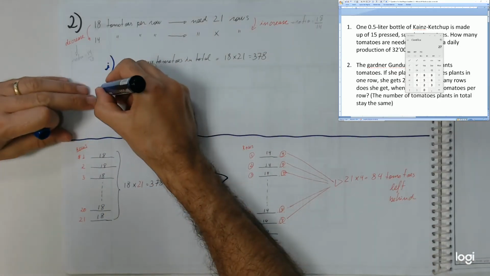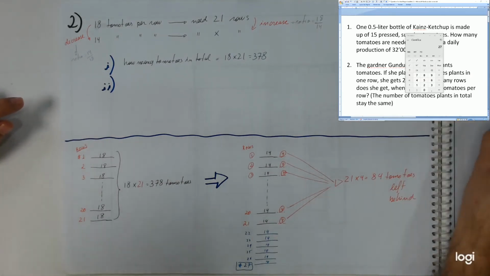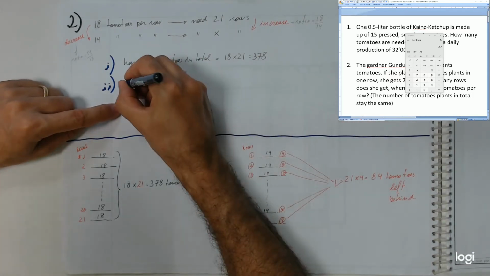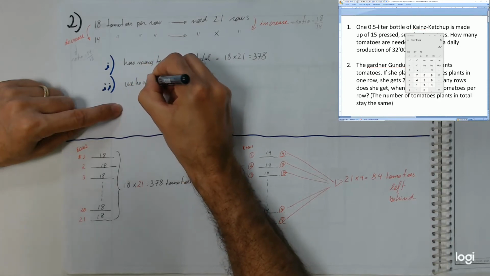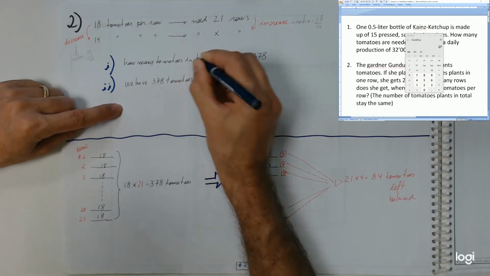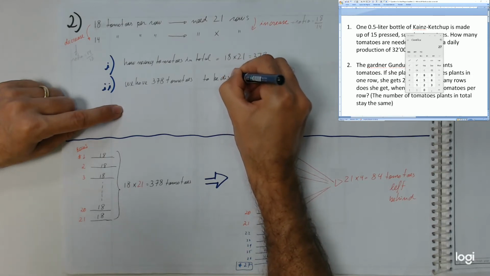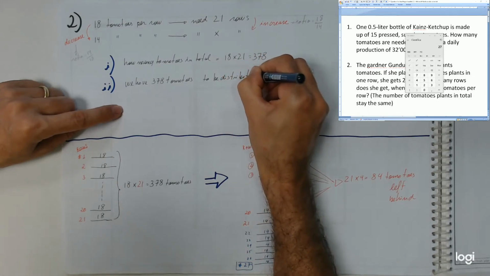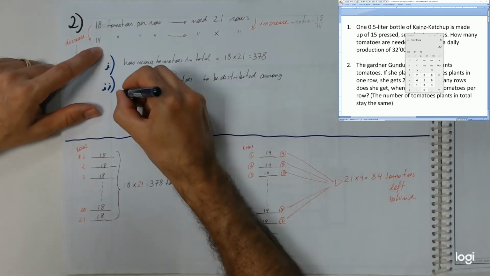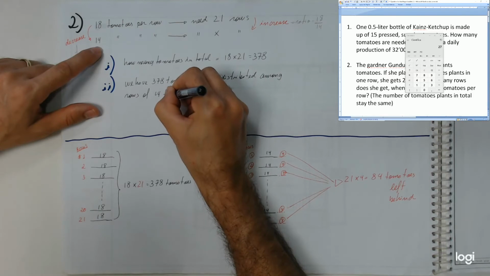Now, the second part. If we have 378 tomatoes and we are going to distribute those, so we have 378 tomatoes to be distributed among rows of 14 tomatoes.